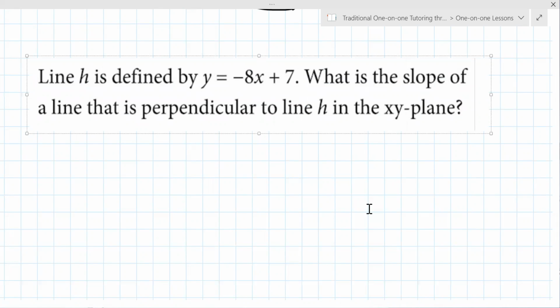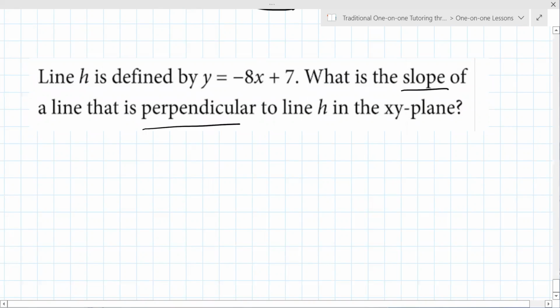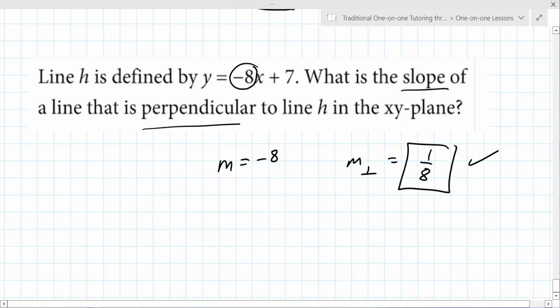What is this question asking you to do? What is the perpendicular line of H? Just the slope. Just the slope. So what's the slope of this line? Oh, it's 1/8. That's it. That's the answer. What is the slope of a line that is perpendicular to line H? Yeah.